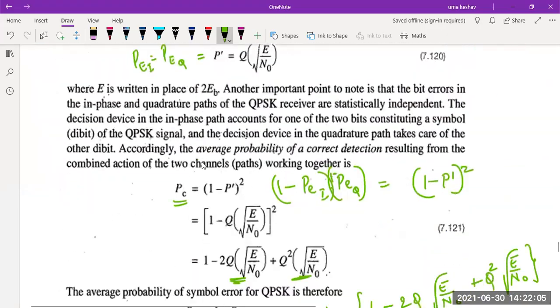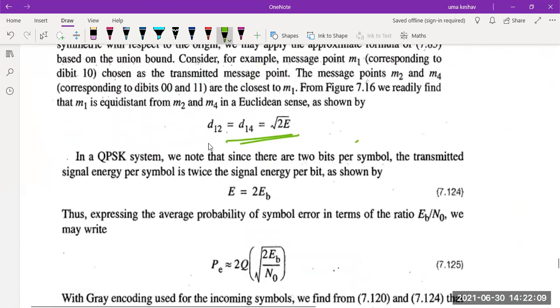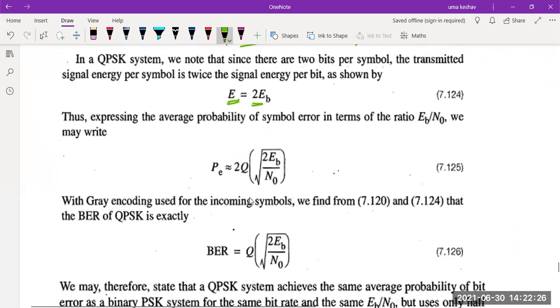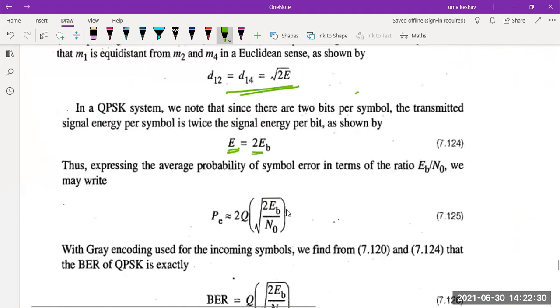So if we consider representing that Euclidean distance as d12 or d14, and if I substitute, the energy per symbol will surely be equal to twice the energy per bit. In one symbol, there are 2 bits. So energy per symbol will be twice the energy per bit. So I'll replace this E with 2EB.